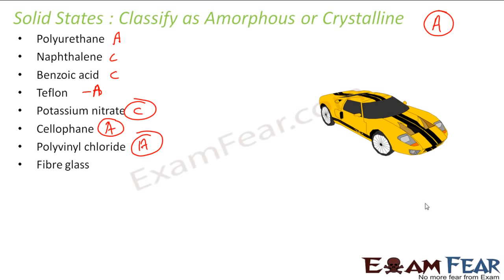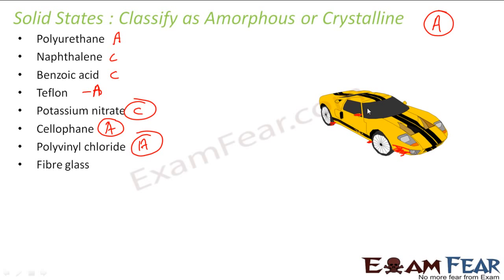Fiberglass. Fiberglass, if you see in cars, all these bumpers, right? It's generally fiber. Most of the material is fiber only. This rear view mirror, this side is also fiber. Here the flap mud guard is also, if you see, fiber. A lot of things in the car are fiber.